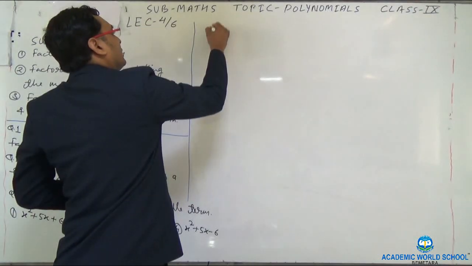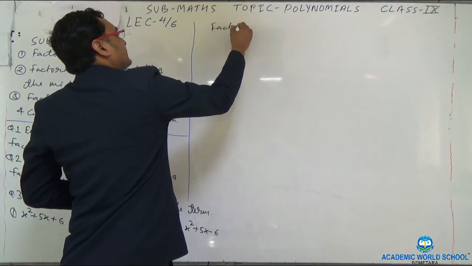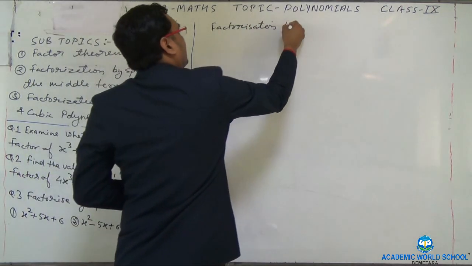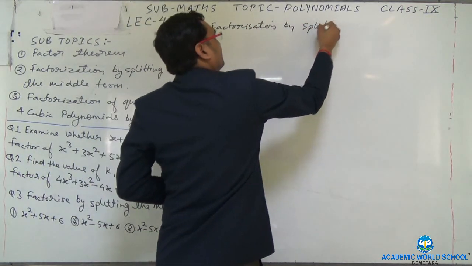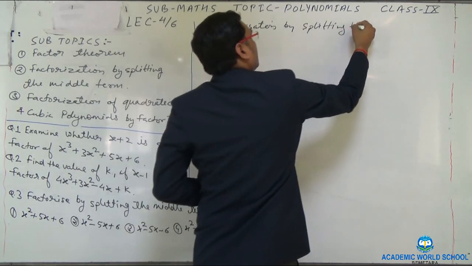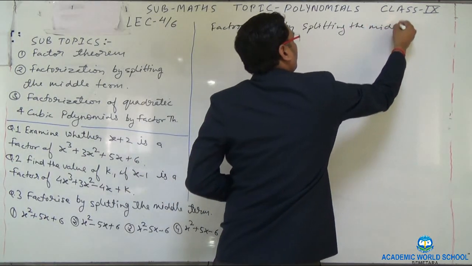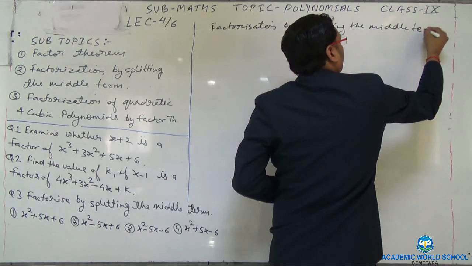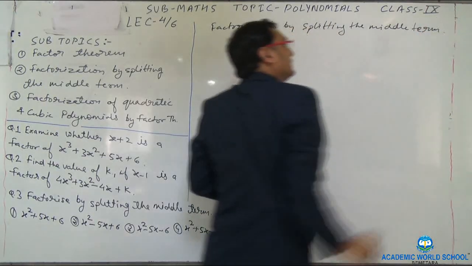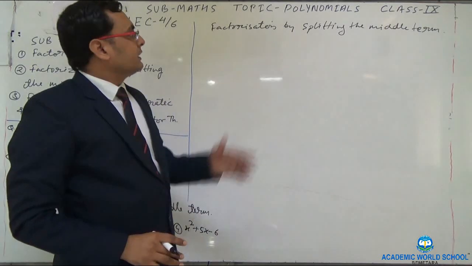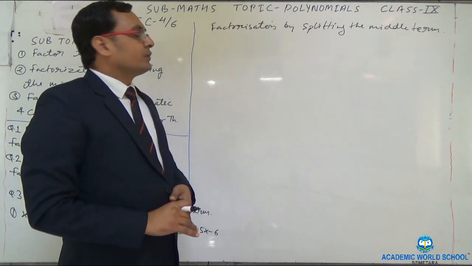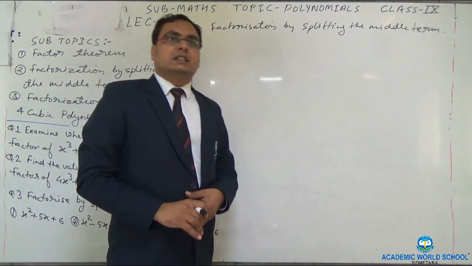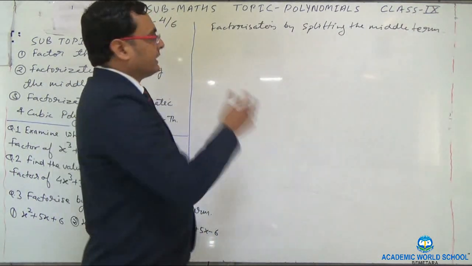So, factorization by splitting the middle term. This is our important process to factorize. Actually, in class 8th you have studied an identity that I am writing here.